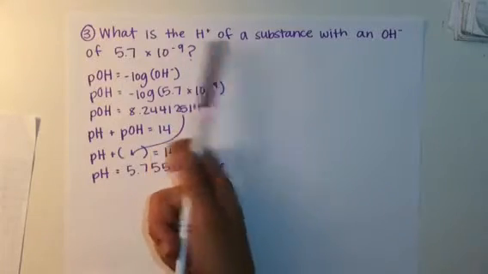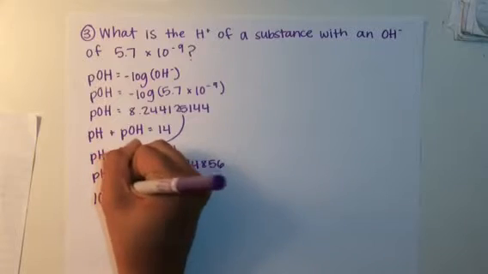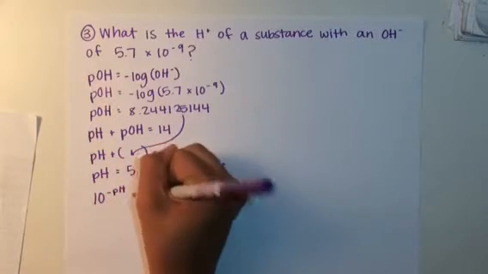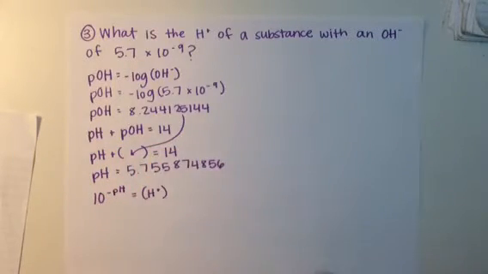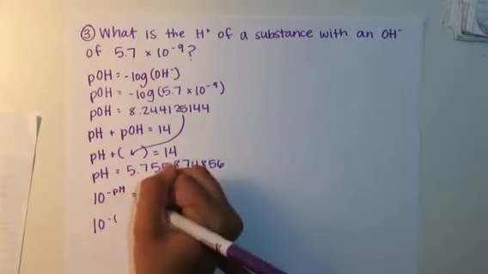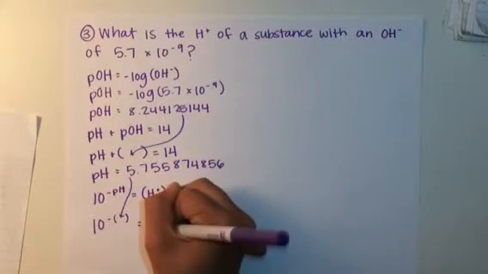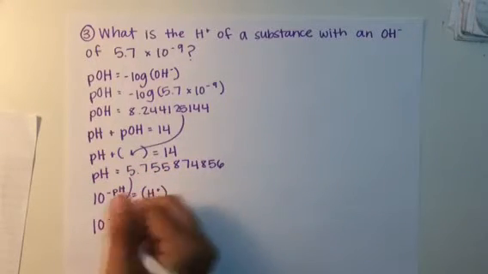So now if you remember from example 2, now that we have our pH, we've got to get it to this. So we're going to use our formula, 10 to the negative pH equals this. So we're going to plug it in, 10 to the negative this number here, I'm not going to write it again, equals H plus.